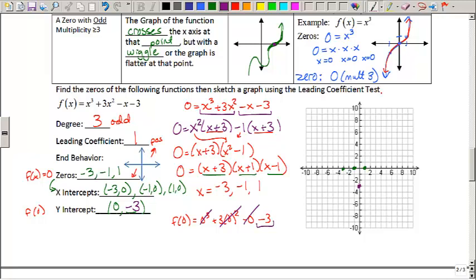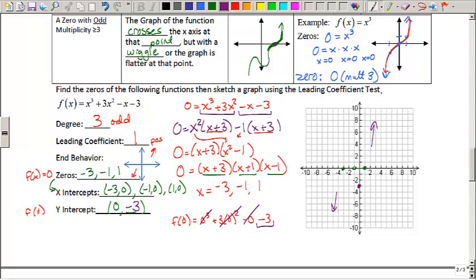Alright, now I would like to use my end behavior and sketch the graph using the leading coefficient test. I know that my graph has to be smooth, no jagged edges, no sharp points, no holes. And I know that my end behavior has to go down to the left, yet up to the right.